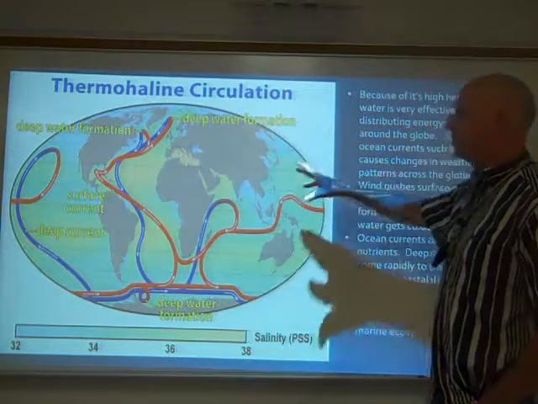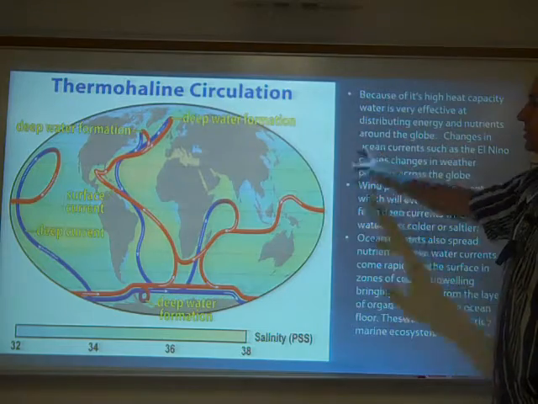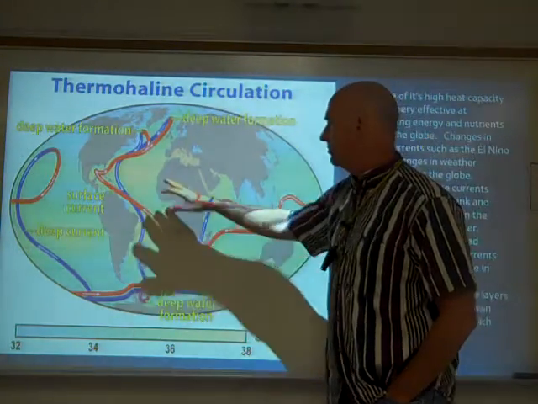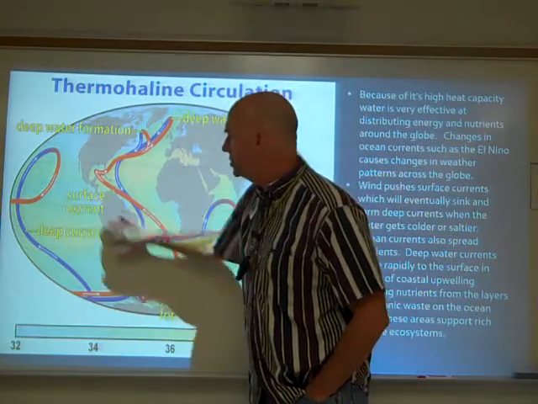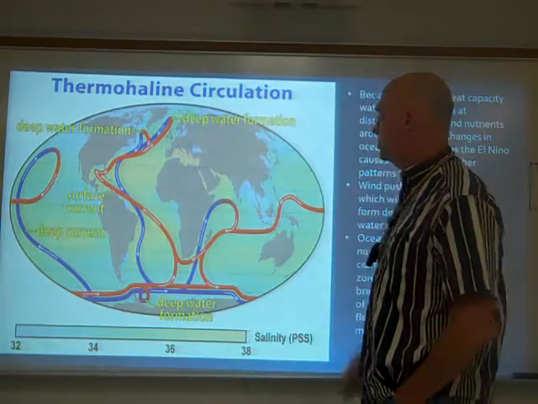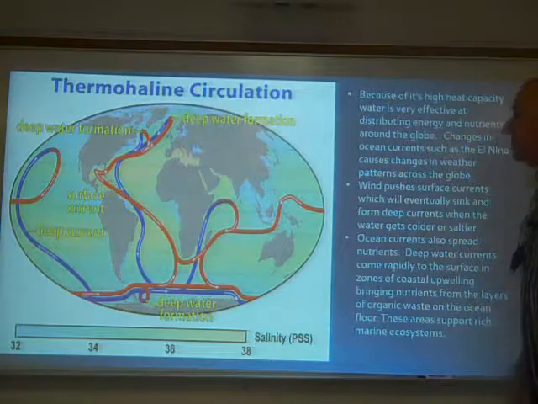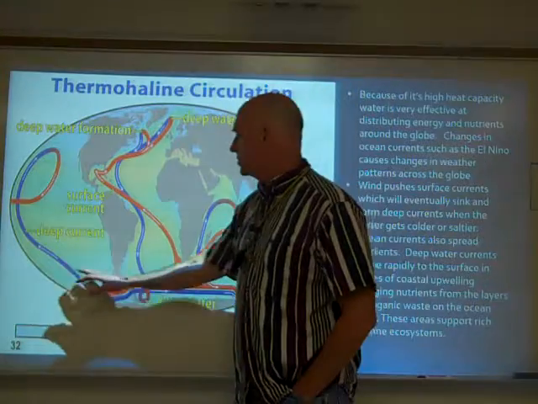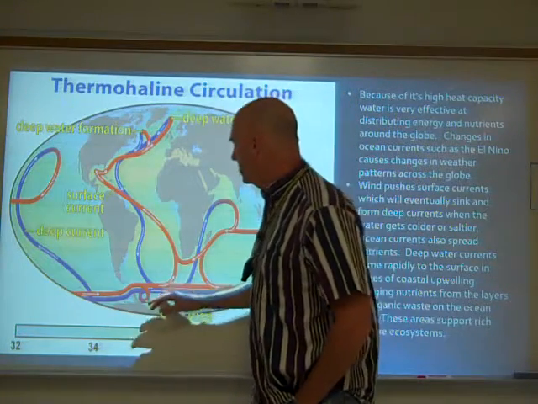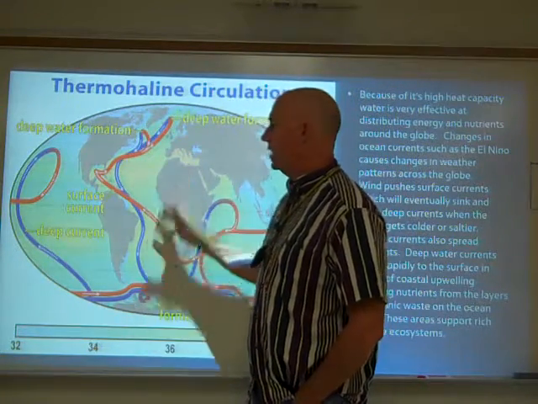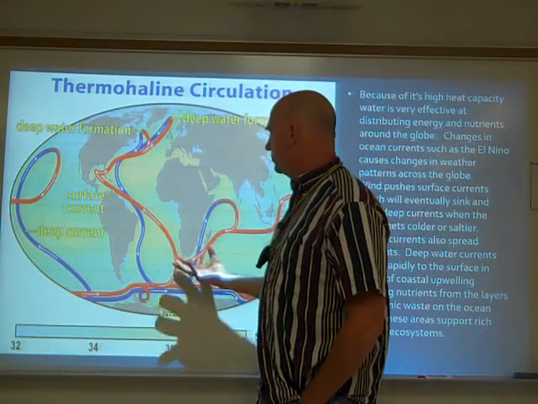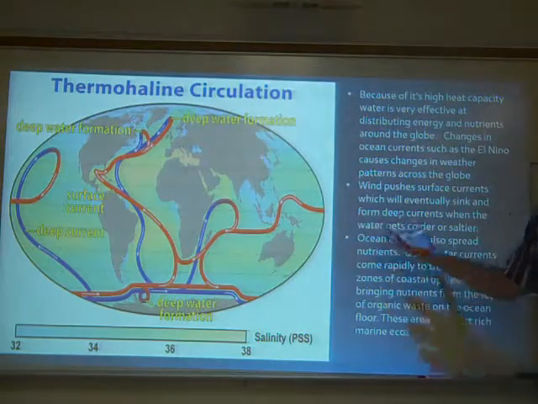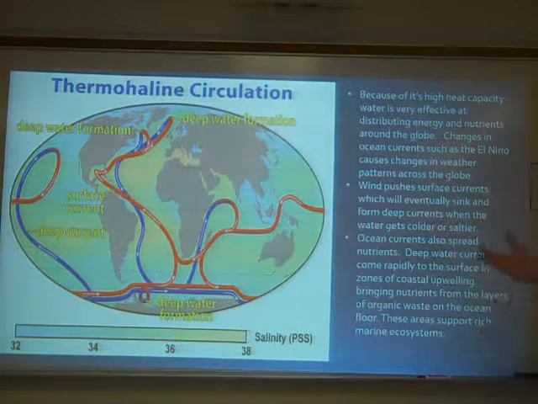From a physical standpoint, this is important because it distributes heat throughout the Earth. It has a major impact on a lot of the climates in the land areas where these ocean currents go by. But it also distributes nutrients. This is important for life because when that water traveling along the bottom comes up to the surface, usually when it's pushed up against a continent, it brings up the nutrients, fish and organic waste and everything that's on the bottom.